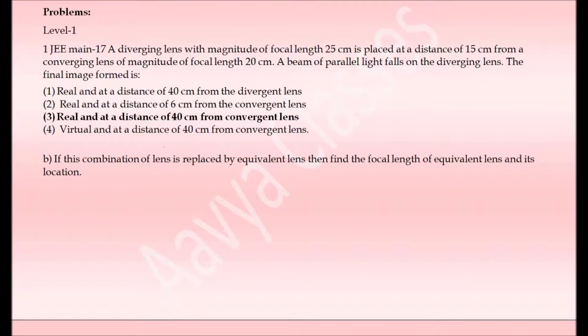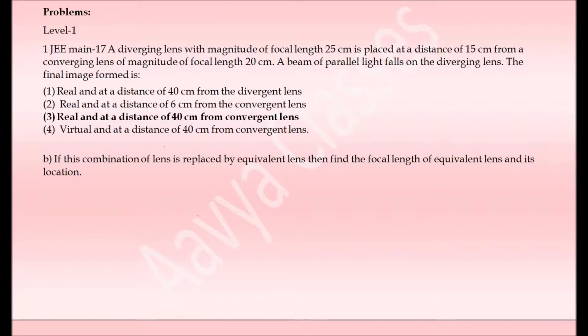First problem I picked from AIIMS 2017. A diverging lens with magnitude of focal length 25 cm is placed at a distance of 15 cm from a converging lens of magnitude of focal length 20 cm. So this problem says that there are two lenses.